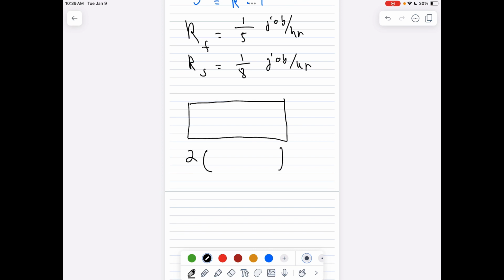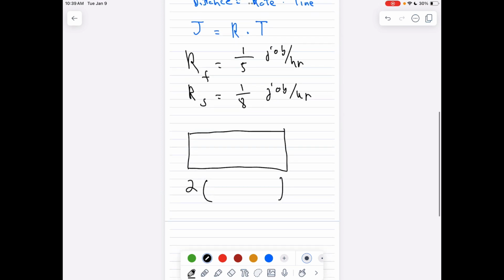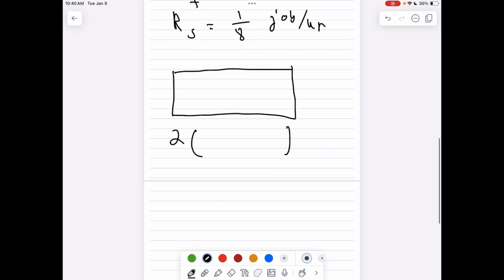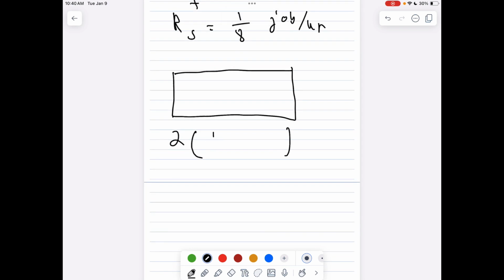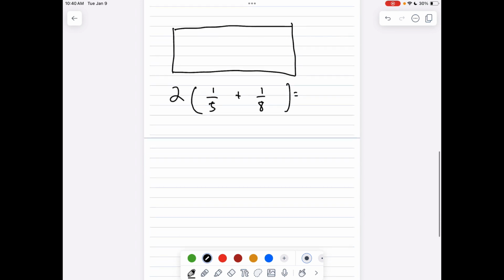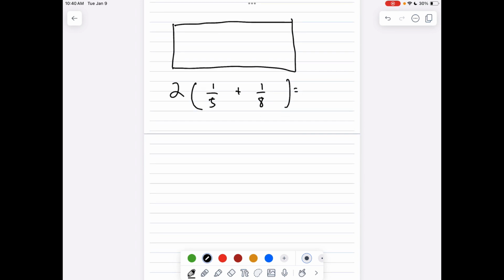I'm going to use the same idea: job equals rate times time. So you take 2 hours and add the rates together, because both are working together, and that's how much of the job has been done in 2 hours.